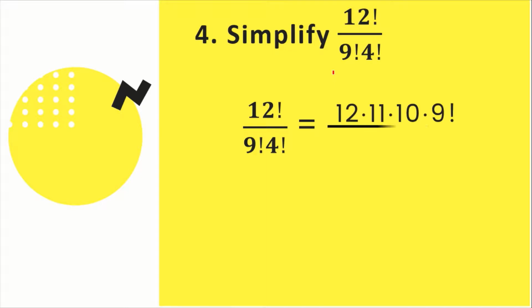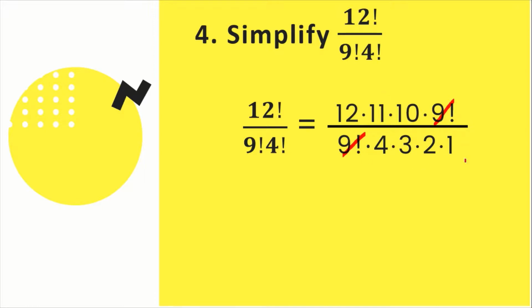So, we have 12 factorial is 12 times 11 times 10 times 9 factorial. Then, yun nasa ilalim naman natin, we have 9 factorial times 4 factorial. Now, we are going to expand 4 factorial. Alam naman natin na ang 4 factorial is 4 times 3 times 2 times 1. Now, cancel natin si 9 factorial. So, ang naiwan na lang ay 12 times 11 times 10 over 4 times 3 times 2 times 1.